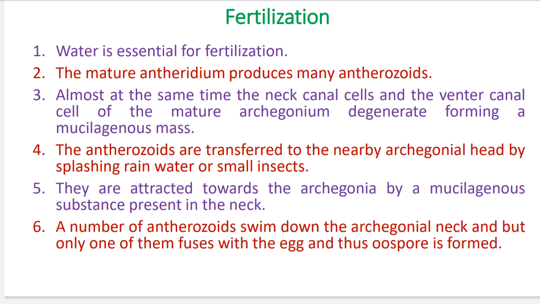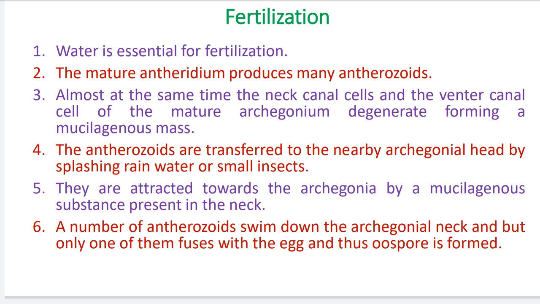Number four, the antherozoids are transferred to the nearby archegonial head by splashing rainwater or small insects. Okay, with the help of rainwater or small insects, the sperms are transferred toward the mouth of the archegonium. Number five, they are attracted towards the archegonia by the mucilaginous substance present in the neck.